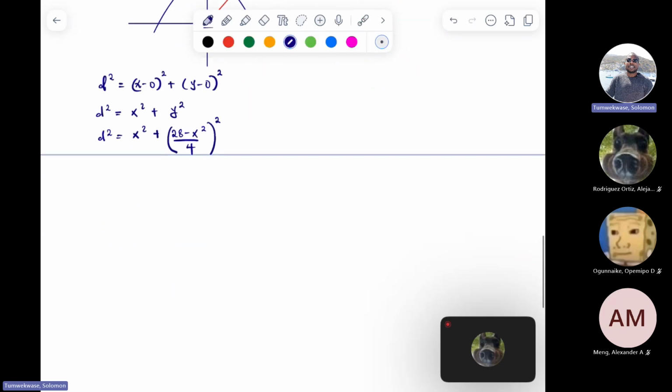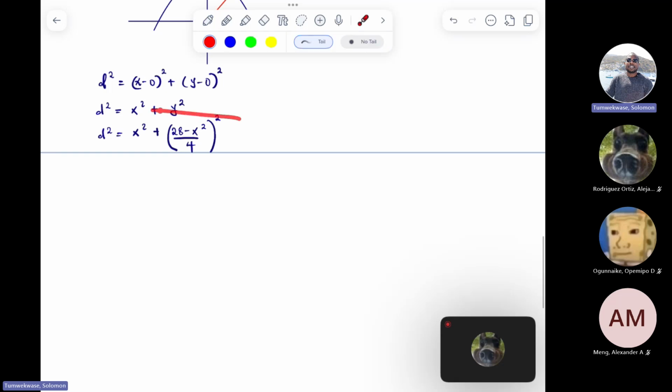you can just say that, hey, the whole of this expression, because this is the expression of the distance, okay, so I can just say, let this expression be denoted by maybe capital D. So I have x squared plus 28 minus x squared over 4, and then the whole of it squared.